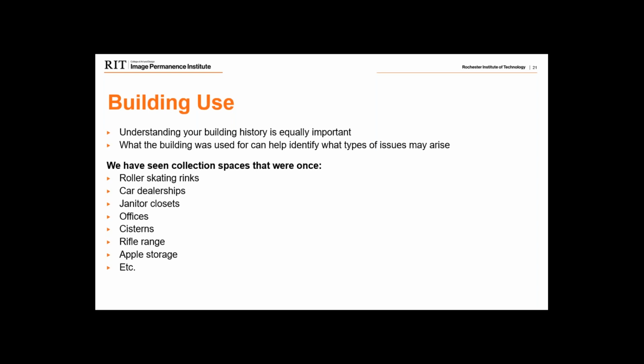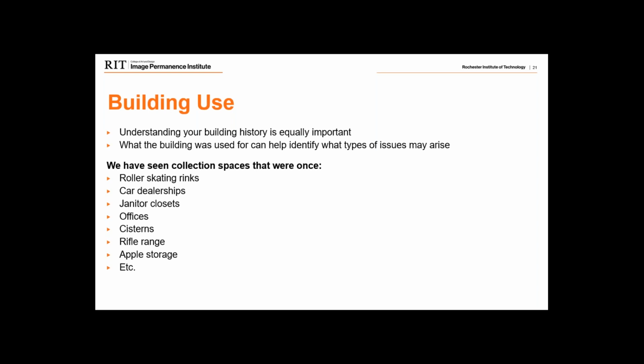And with each one of those comes factors or issues to consider or remember. It's important to know what those were because those may echo down as you go on in that facility. I'll use two examples, one being the car dealership. If you have a car dealership, say they're going to turn it into a museum, a lot of times, from our experience, financially, as they're changing facilities over, they do some cost-cutting measures, and they don't change the air handling equipment out as they should, or even the building envelope.